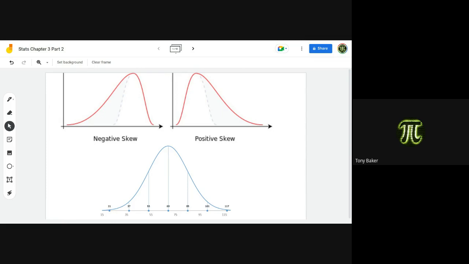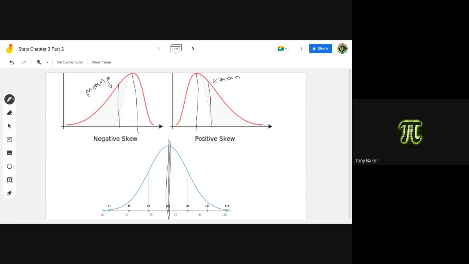If you know the median, the median's in the middle. So the median and mean in this case is right there. In this one, the median is there, but then my mean is pulled over. And the same thing in this one. And my mean would be pulled this way.